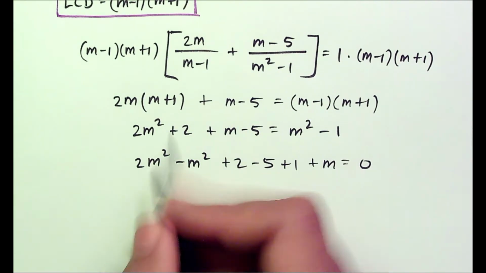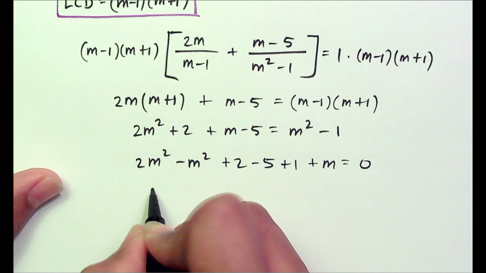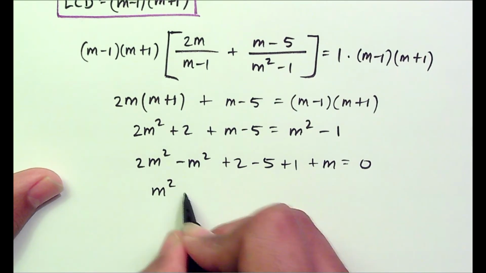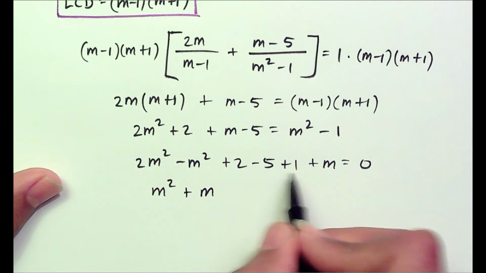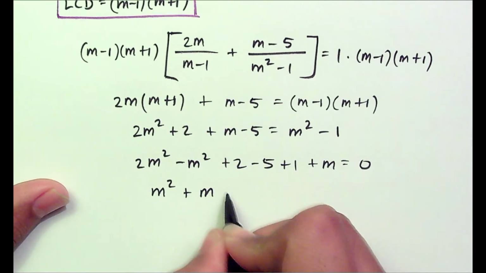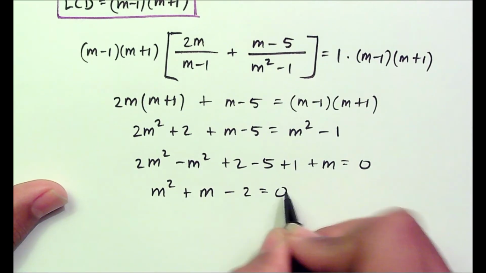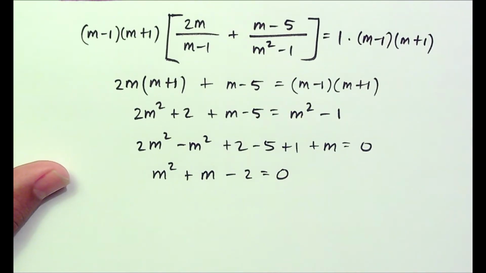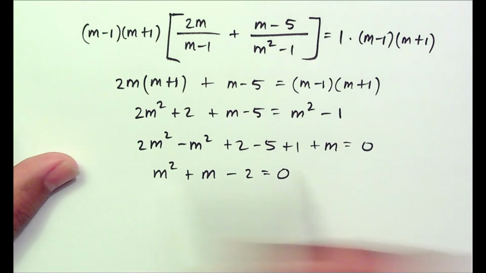Now we're going to combine like terms. 2m squared minus m squared is m squared. Then you have this plus m. I'm going to write it in order. And then plus 2 minus 5 is negative 3. Negative 3 plus 1 is negative 2. Okay, so moving everything to the left and simplifying gives you this.